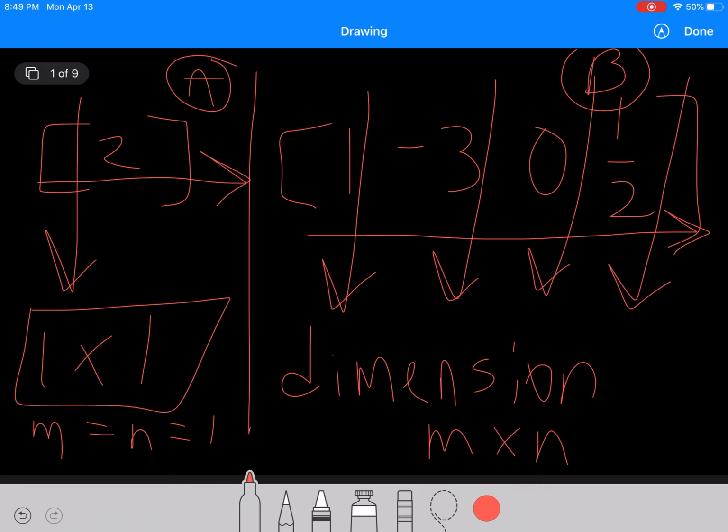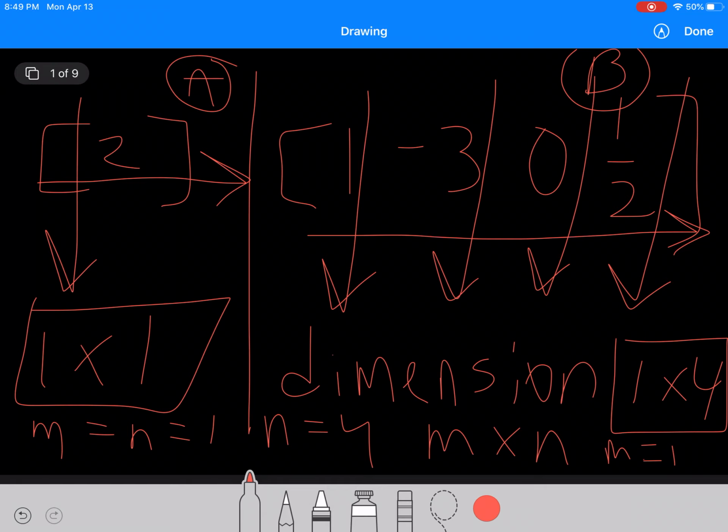So the one on the left was a 1 by 1, and the one on the right is a 1 by 4. So we can say that m equals 1, and n equals 4 here. Okay, so remember the up and down is the columns and the sideways is the rows.